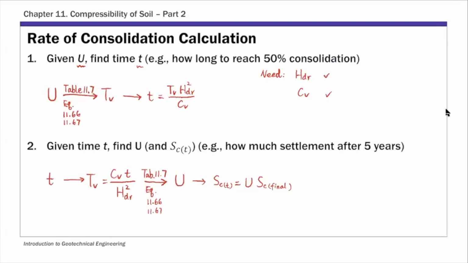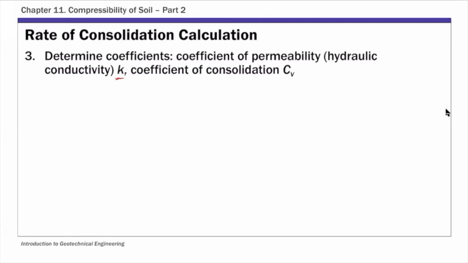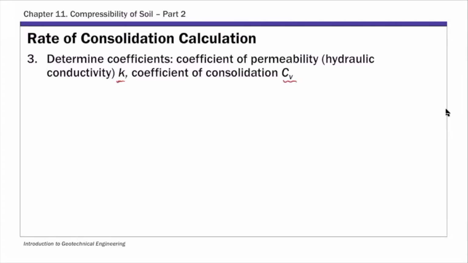And then 3, the other type of problem you might see. The third type of problems actually deals with these coefficients. Given consolidation test results or given field consolidation data, you can actually estimate, one, the coefficient of permeability k, or two, the coefficient of consolidation C sub V. So to estimate this coefficient of permeability k, you're going to use this C sub V definition.